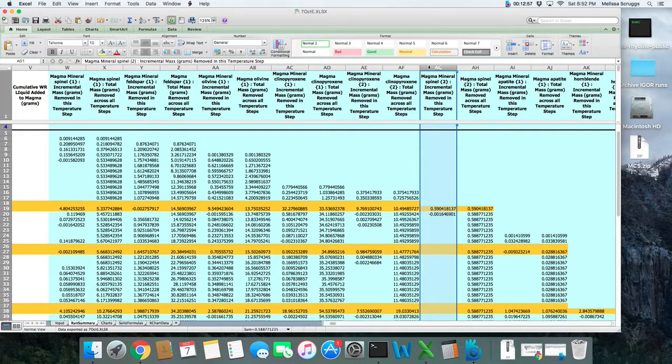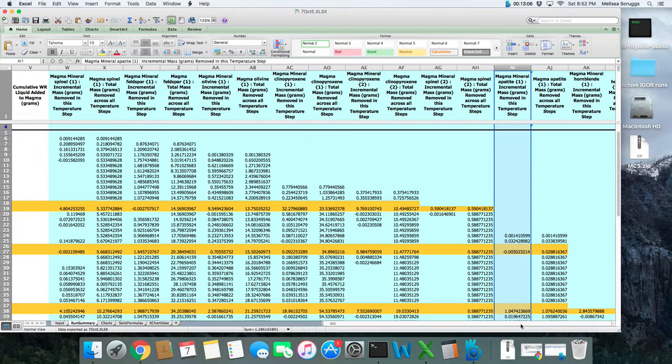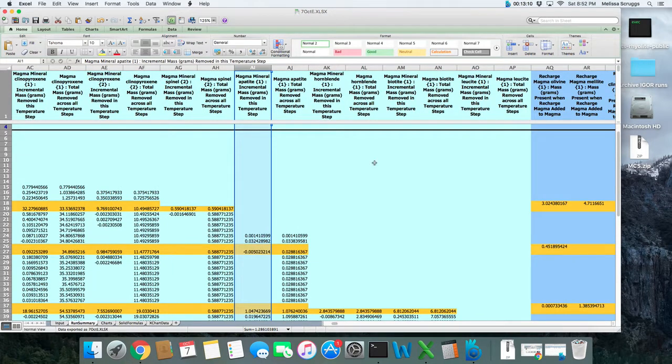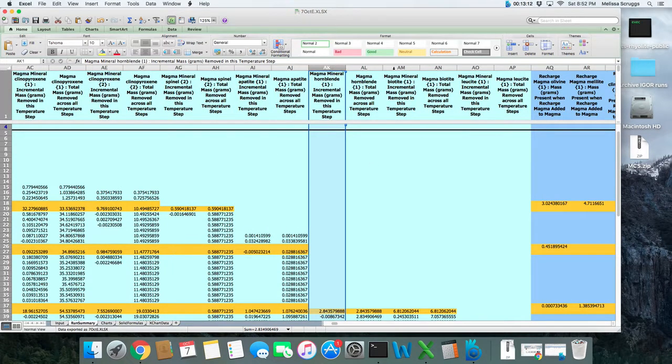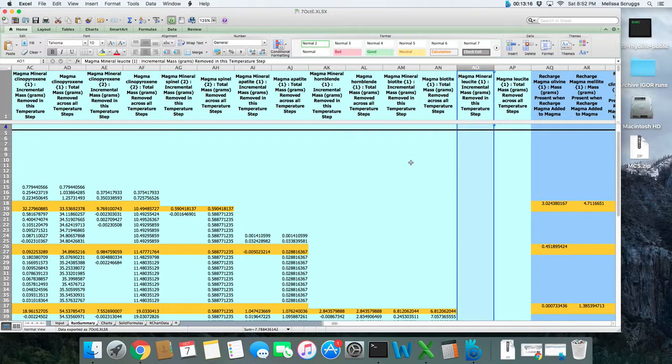But after that isenthalpic step, it's no longer stable. We've removed it, and so again, we have that negative number. After that, we have apatite starting to show up. And then we have hornblende, biotite, and then at the very end of our run, we have leucite.